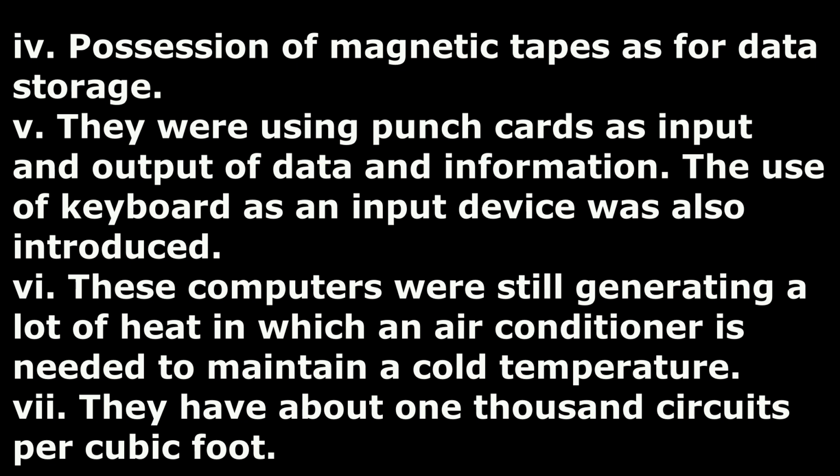They were using punch cards as input and output of data and information. The use of keyboard as an input device was also introduced. 6. These computers were still generating a lot of heat, so an air conditioner was needed to maintain a cold temperature. 7. They had about 1,000 circuits per cubic foot.